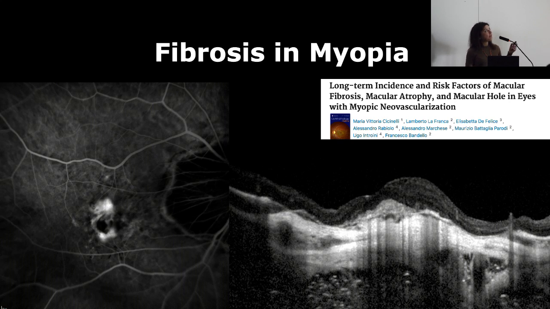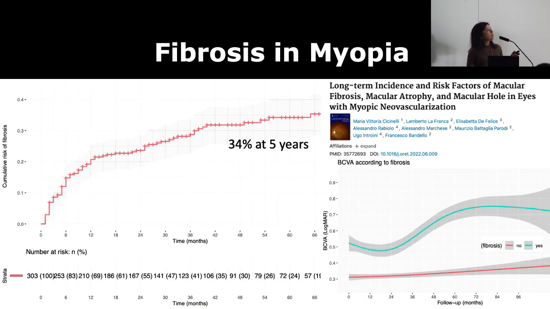This is data from more than 300 eyes with myopic neovascularization, and we found that these eyes can also have fibrosis despite treatment, even though the incidence was lower at 5 years, at 34%, which is lower than AMD. Interestingly, these patients started from a worse logMAR visual acuity, the green line.